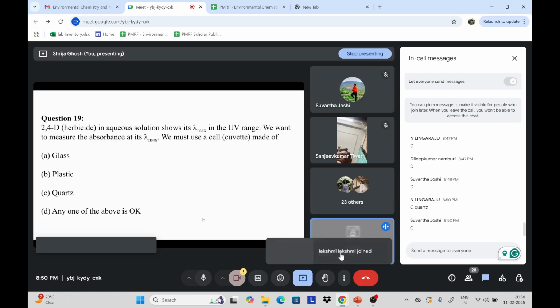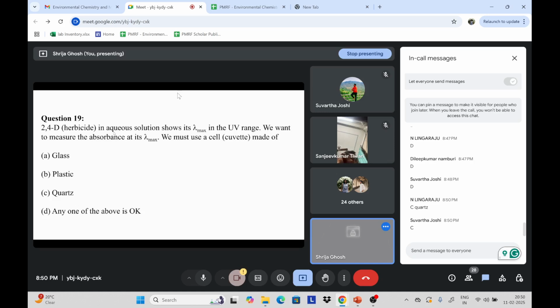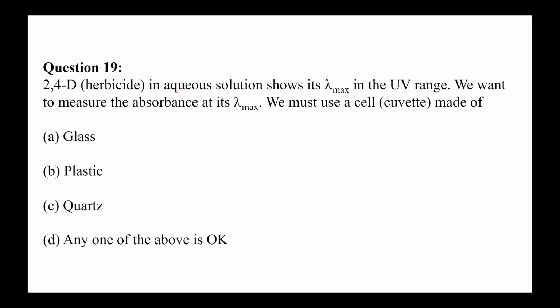So if you are measuring the absorbance at a visible range, that is the wavelength that is in the visible range, then you can use glass, plastic, or quartz cuvette. But if you have to measure the absorbance at a wavelength that is in the UV range, you have to use a quartz cuvette. Otherwise, the glass and plastic can absorb the UV light.